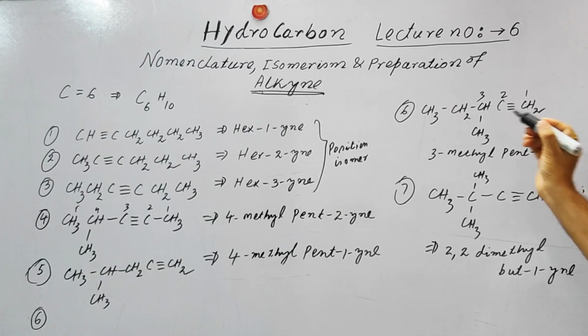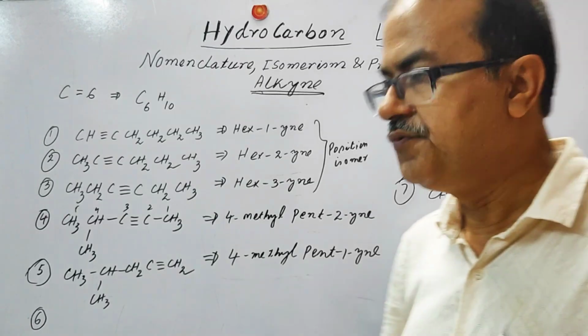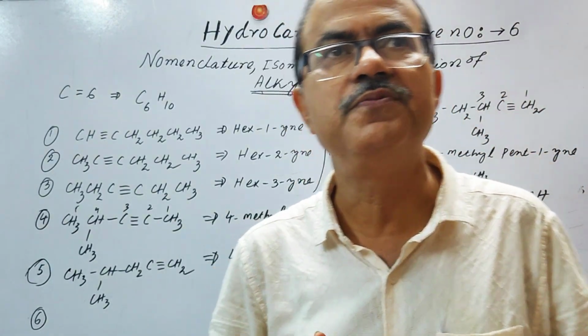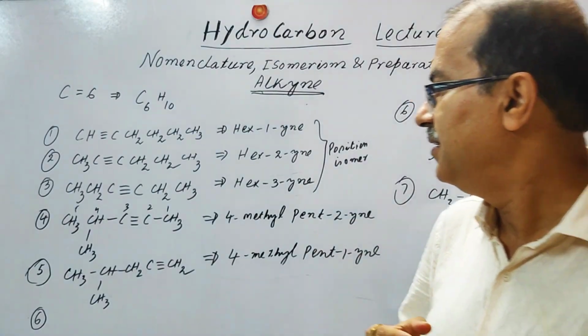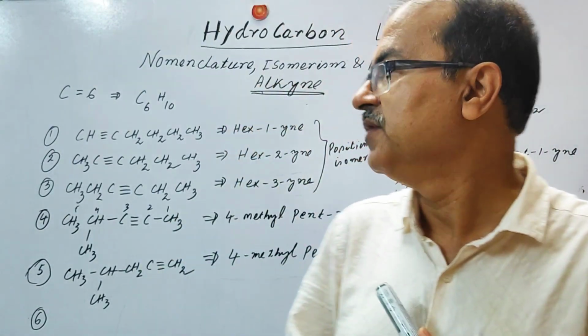So these are all 7 structures that we can see. Likewise, if there are 7 carbons, the number of structures will be different. You can easily construct them yourself so that you can understand.